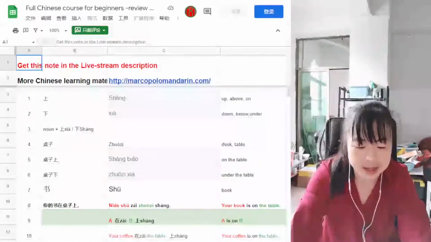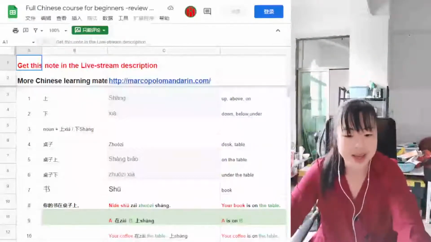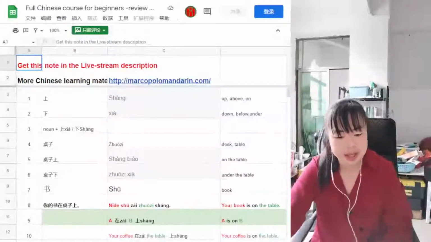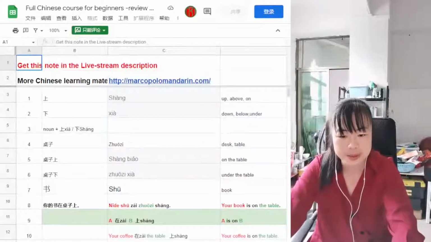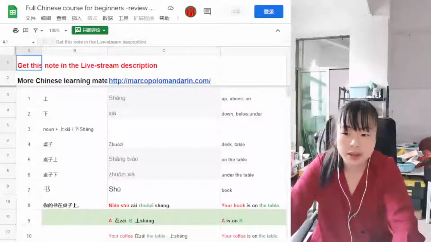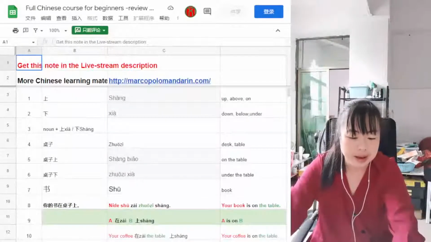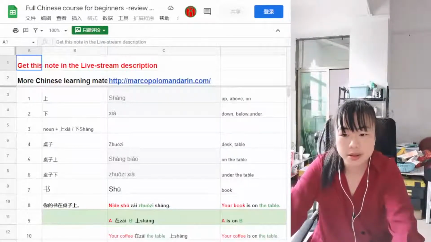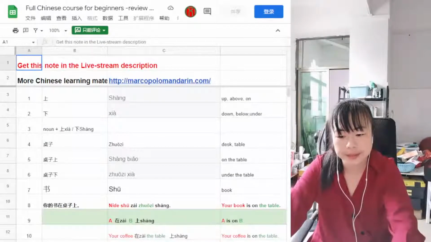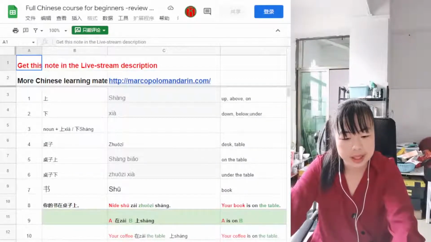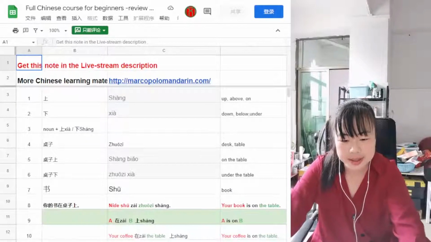电脑. 电 means electric. 脑 means brain. And an electrical brain is a computer. 电脑. Let's copy and paste here. Okay, now try this sentence.